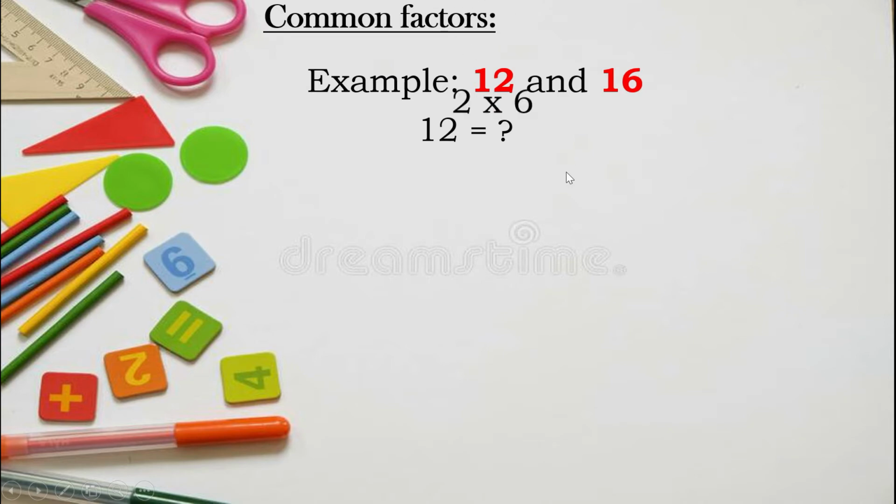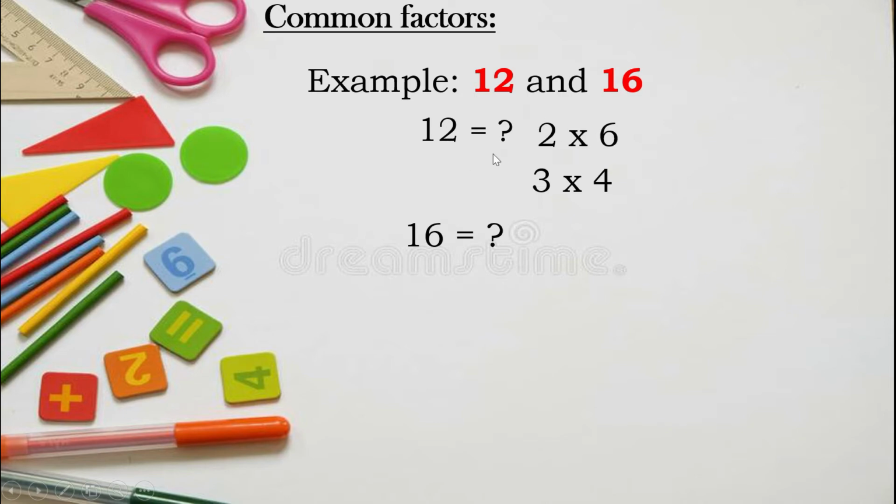So we have 2 times 6, 2 times 6 is 12. Another, we have 3 times 4, so 3 times 4 is 12. Meron pa po ba? So we have 1 times 12. Tama? Yan lang po ang factors ng 12. Meron tayong 2, 3, 4, at 6.